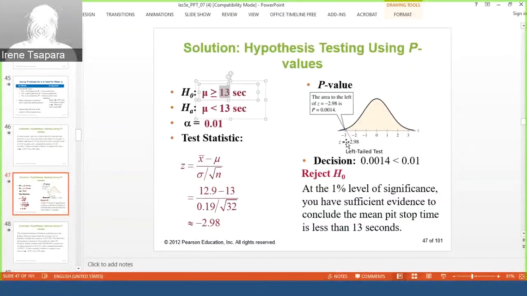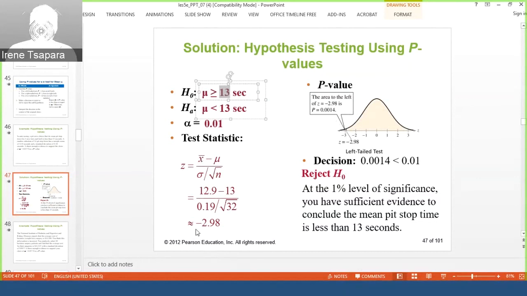But we want to know if this negative 2.98 is in the blue area or in the pink area. If this number right here, this is the test statistic, is in the blue area, we are going to reject the H0. Why? Because this number right here, the corresponding z-score for the x bar of our sample, will fall in the rejection area.